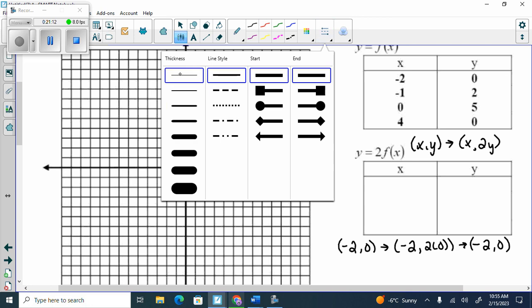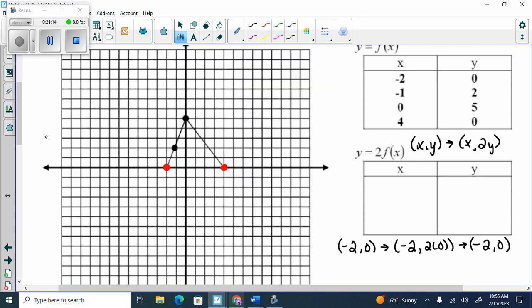Then we have other coordinates. So we have negative 1, 2. It's going to become negative 1 and then 2 times 2. So I get negative 1, 4. Connect. And then I have 0, 5.